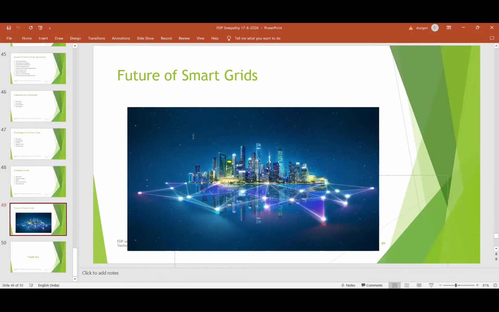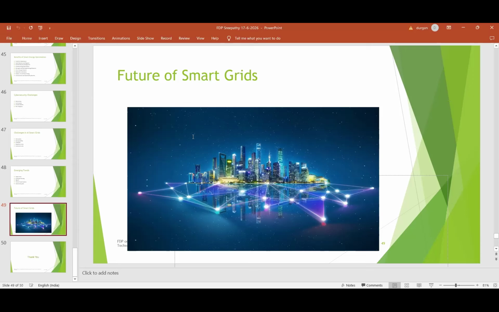So this is the picture which shows the future of smart grids. Okay, the future smart grid is adopted with the autonomous AI based grid system with digital twin technology, federated learning, V2G systems, edge AI, everything inbuilt to form the smart grid systems.